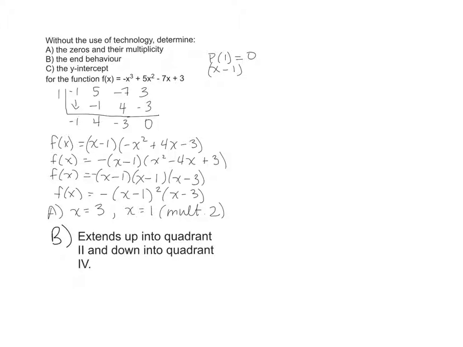Now, I don't have all of that information memorized about end behavior. One thing that you can do, although it says without the use of technology, so you have to kind of show where this stuff's coming from, but you could graph it on your calculator and find out if you had a graphing calculator, but that's kind of cheating.